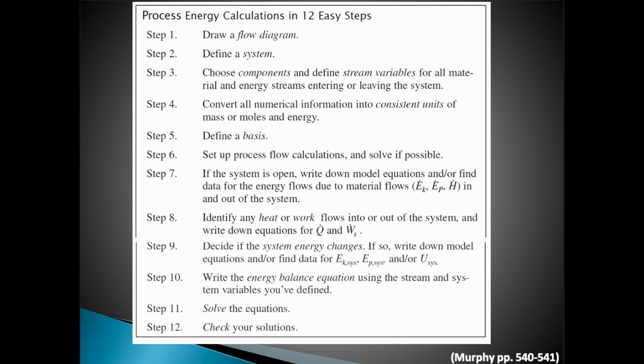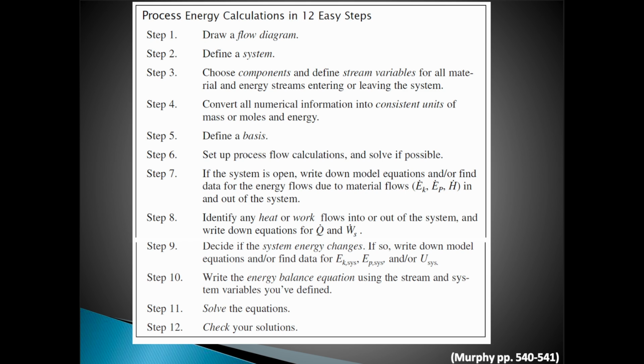So then stream variables. Again, you can label these whatever you want. On Monday we did F for flow rates and we did W for mass fractions. No, we're going to be working on mass or moles. That's step 4 actually, but for units, which also means we have to choose between mass or moles.